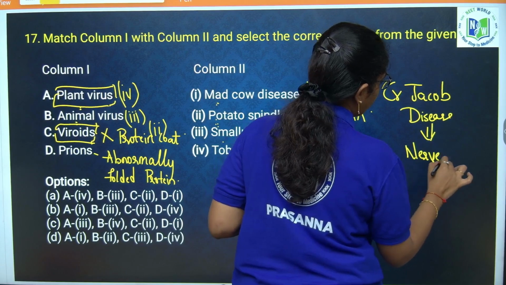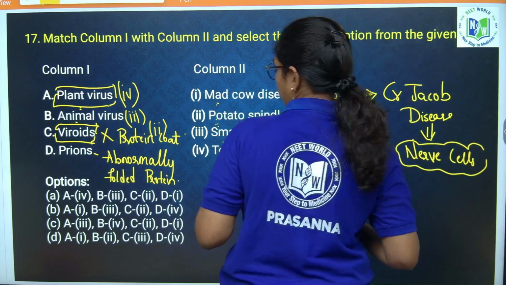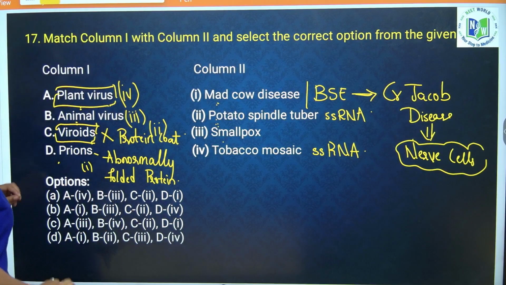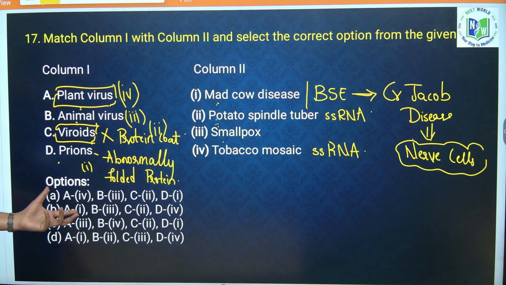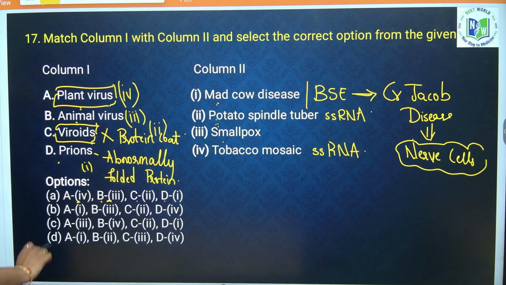It affects what? Nerve cells especially. Clear? So yes, D is option 1. Now if we look into the option sequence, A is 4, B is 3, C is 2 and D is 1. A is the correct answer.